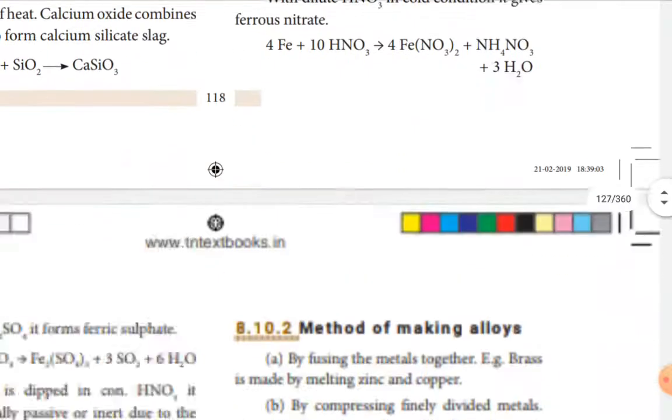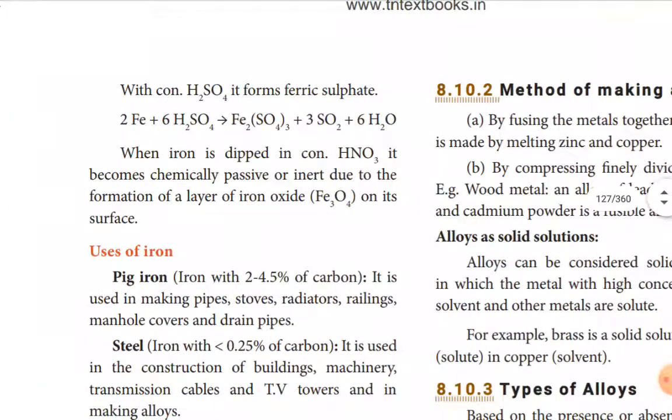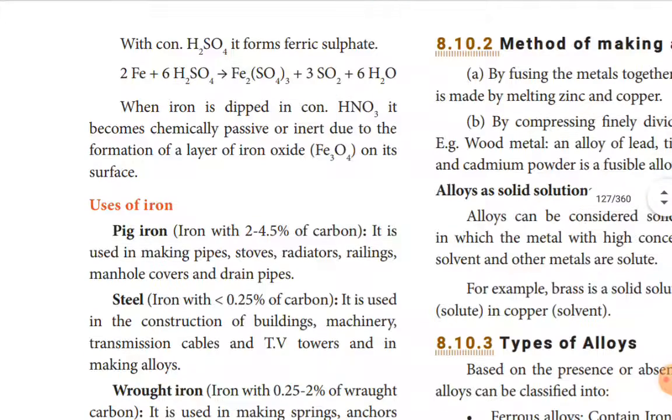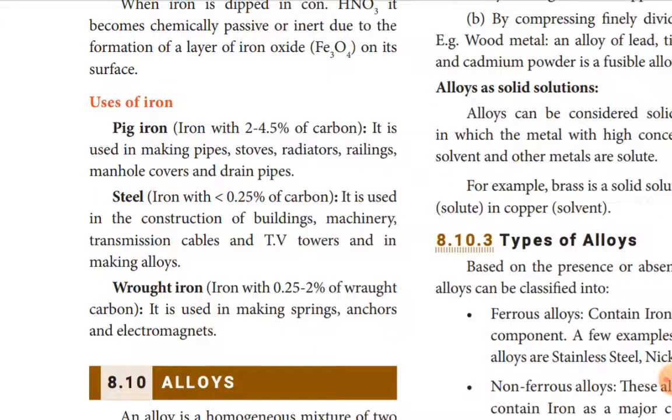Then also the uses of iron based on the types: pig iron, steel, wrought iron. So you have to revise all this, and questions will be asked: how will you extract iron from the ore, what is rust, write the chemical reaction for the formation of rust, and what is the reaction between iron and steam.